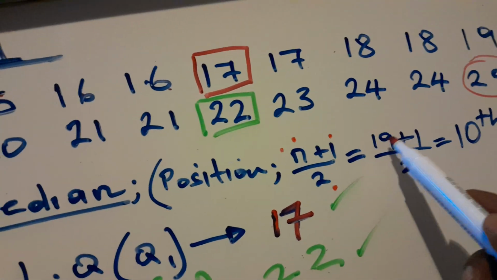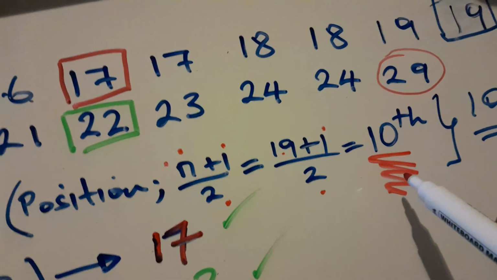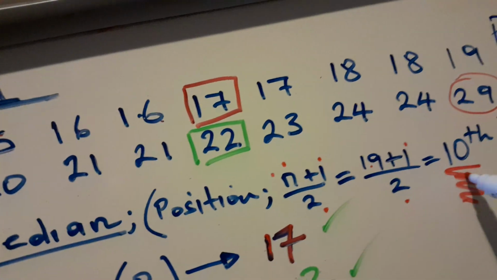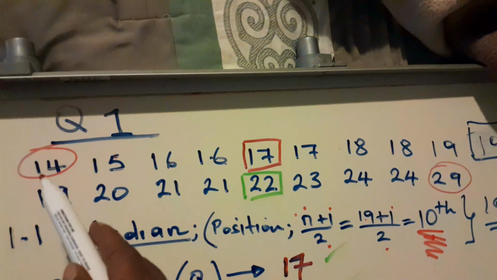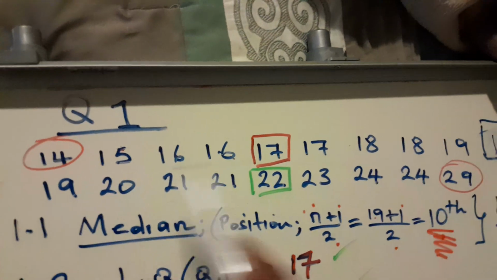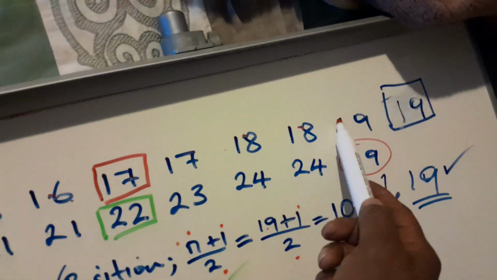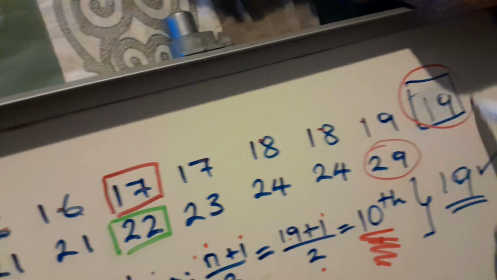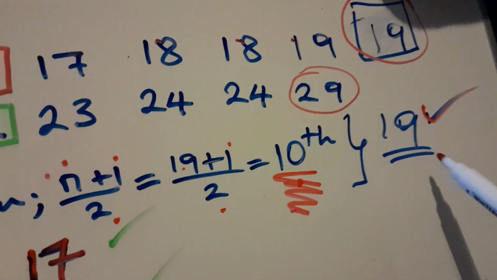So the position is going to be 19 plus 1, 20, divided by 2, giving me that the 10th variable is my median, not 10, it's the 10th. Then going to the data arranged in ascending order, I'll count up to the 10th variable: 1, 2, 3, 4, 5, 6, 7, 8, 9, 10, giving me this 19 here to be my median.